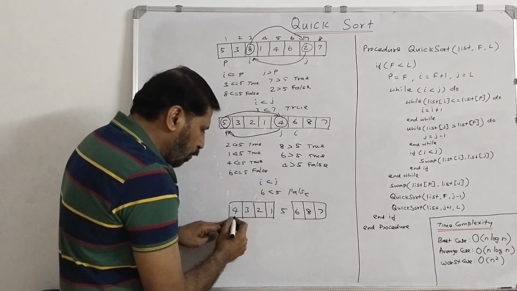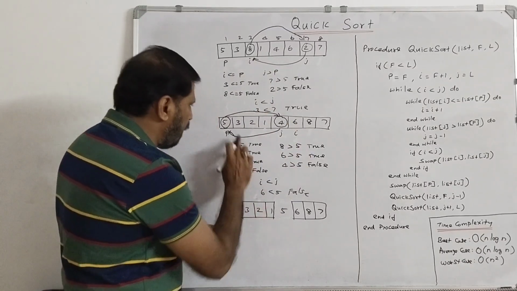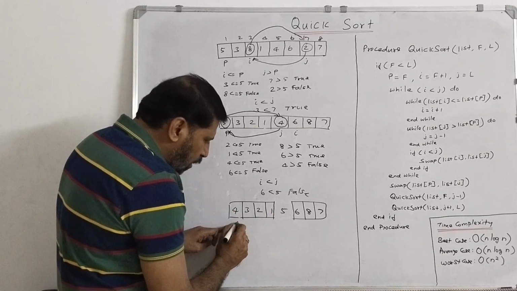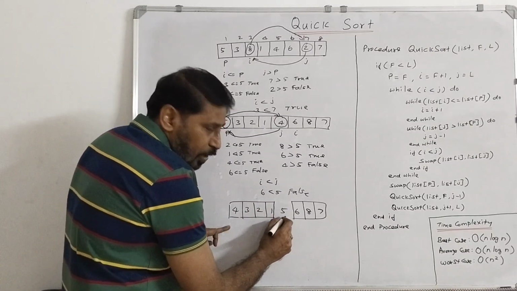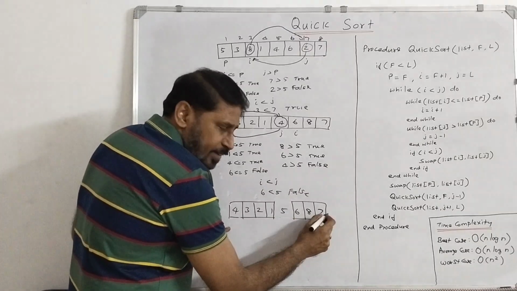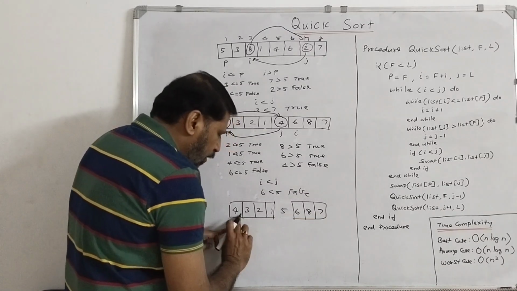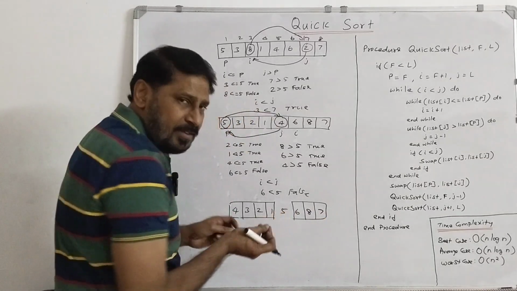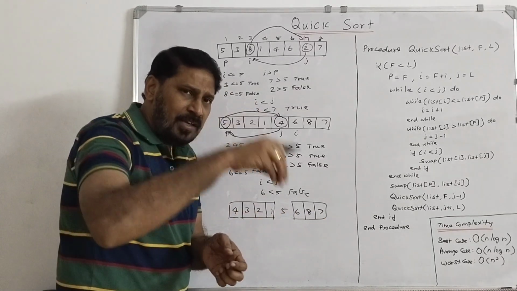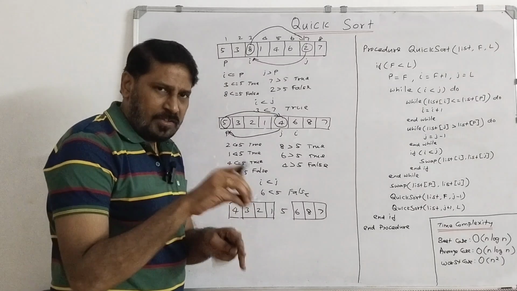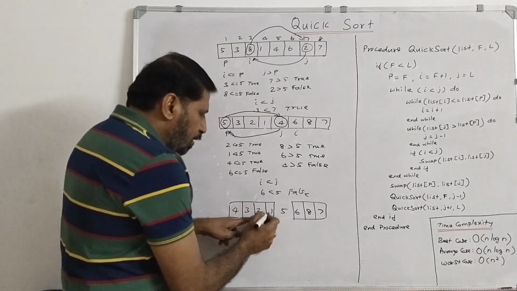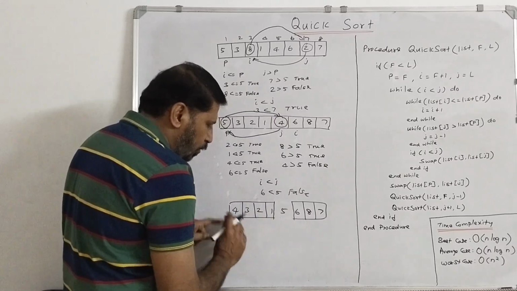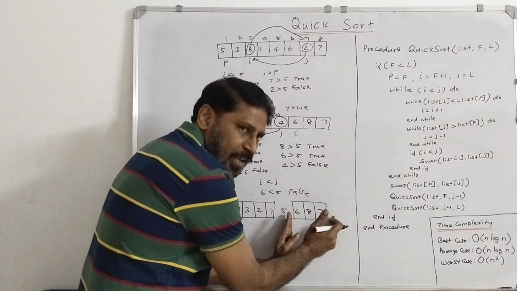For example, the numbers here are 4, 3, 2, 1, and suppose they are arranged in order, 1, 2, 3, 4, 5, 6, 7, 8. So we are placing 5 into its appropriate position, and we are dividing the array into 2. This is the first array, and this is the second array.